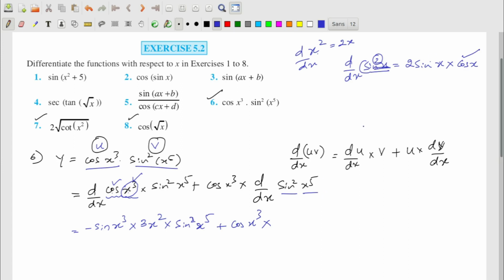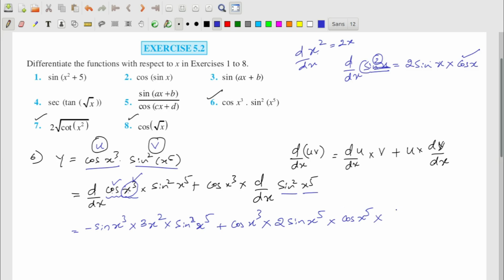Now here, instead of x we have x raised to 5. So again the derivative will be 2 times sin of x raised to 5. Keep the angle as it is, don't make any changes here, into the derivative of sin, cos of x raised to 5, again x raised to 5 as it is.